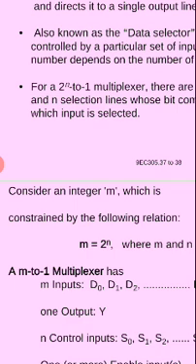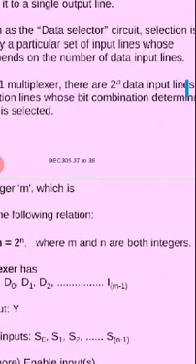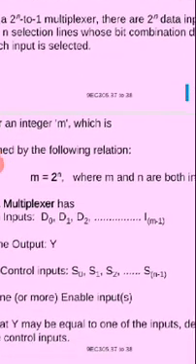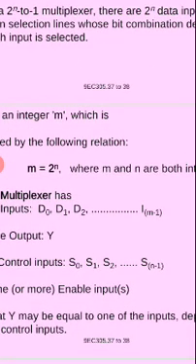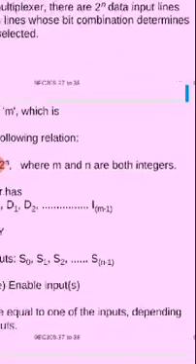Consider an integer m which is constrained by the following relation: m equal to 2 power n, where m and n are both integers.